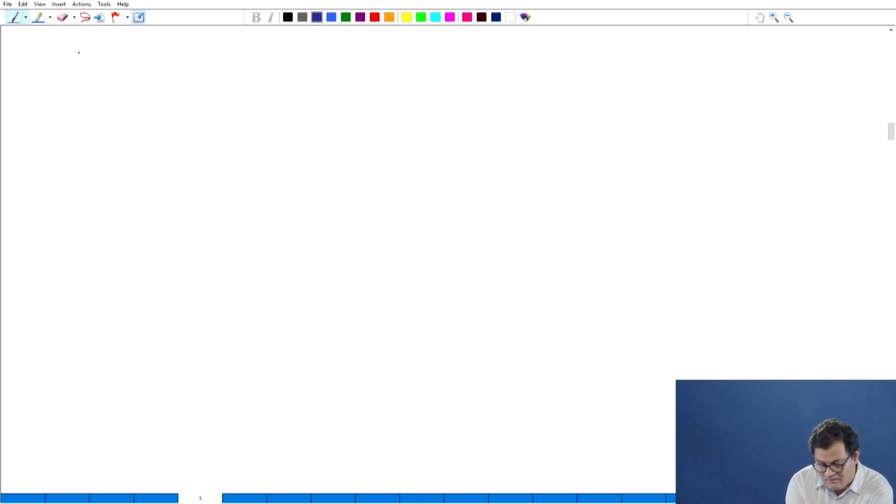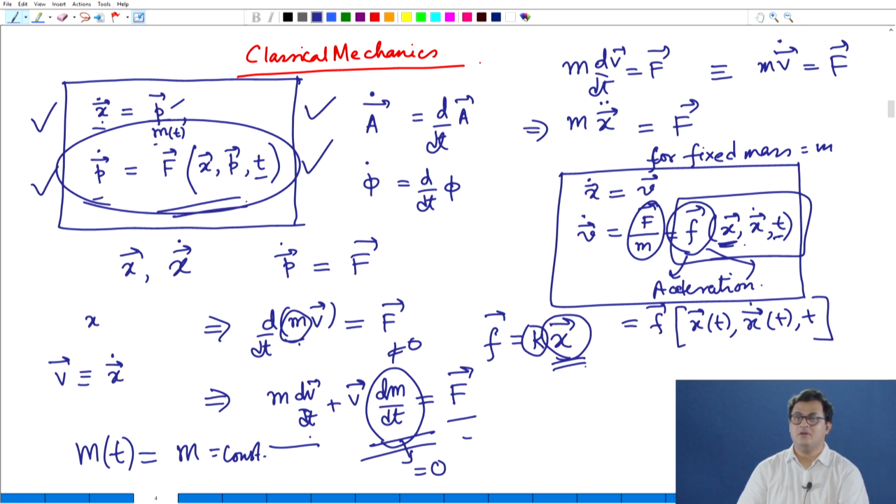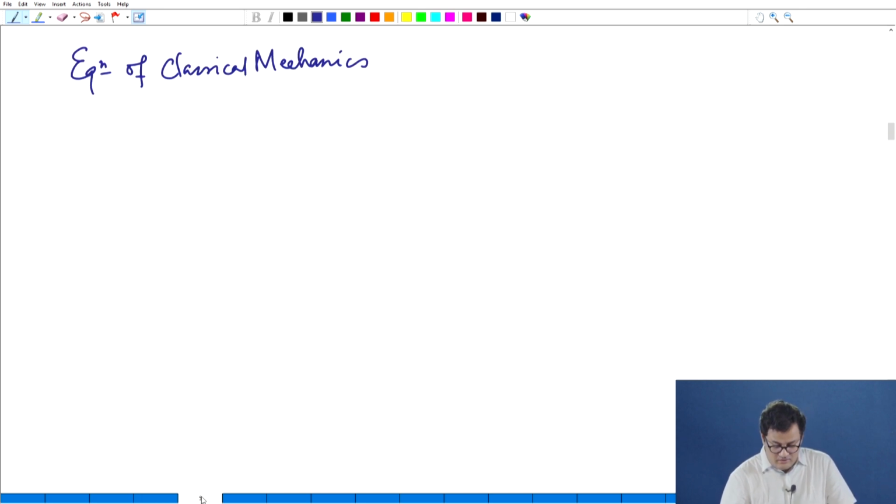We now have the equations of classical mechanics, and this equation, which gives the explanation of the motion, is called the equation of motion or equations of dynamics. So, this actually explains the motion.